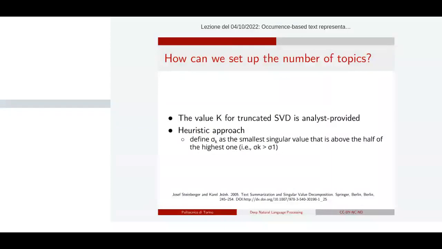If you know in advance that you are looking for k equal to 5 topics, use k equal to 5, because you have a priori knowledge of your data. But if you don't have this, and this is the typical case for topic modeling, you can apply this empirical method. Okay? Sorry, probably I'm a little bit late.